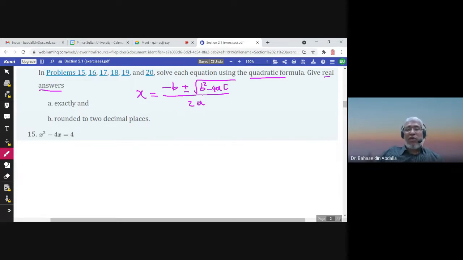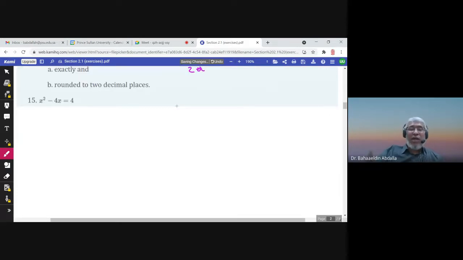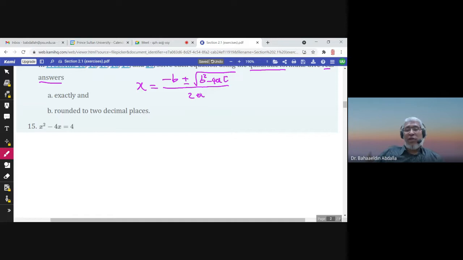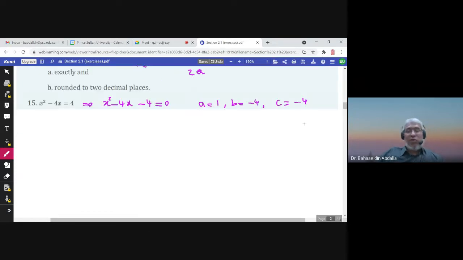So to solve this equation using the quadratic formula, I have to take everything to the left-hand side as usual. So x squared minus 4x minus 4 would be 0. So a is 1, b is negative 4, c is negative 4. Let us do it using the quadratic formula. x would be negative b, which is 4, plus or minus the square root of b squared, which is 16, minus 4 times 1 times negative 4.